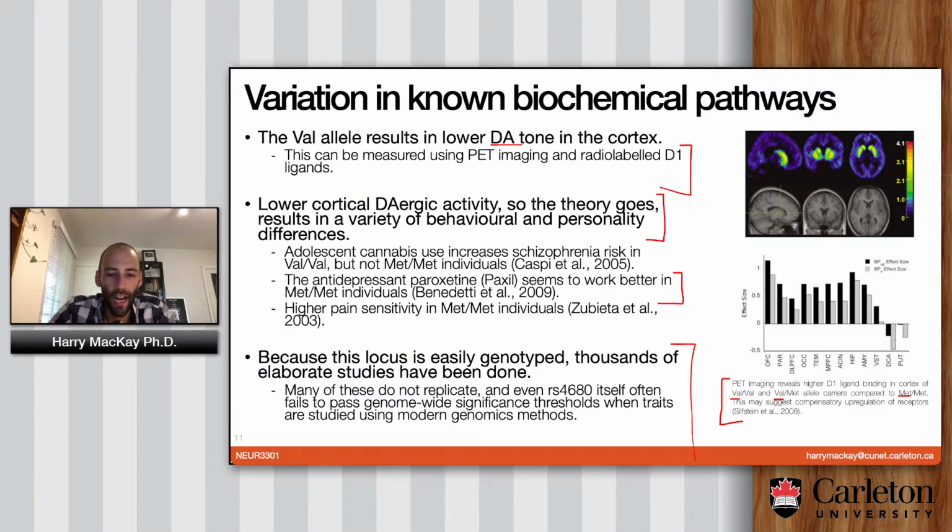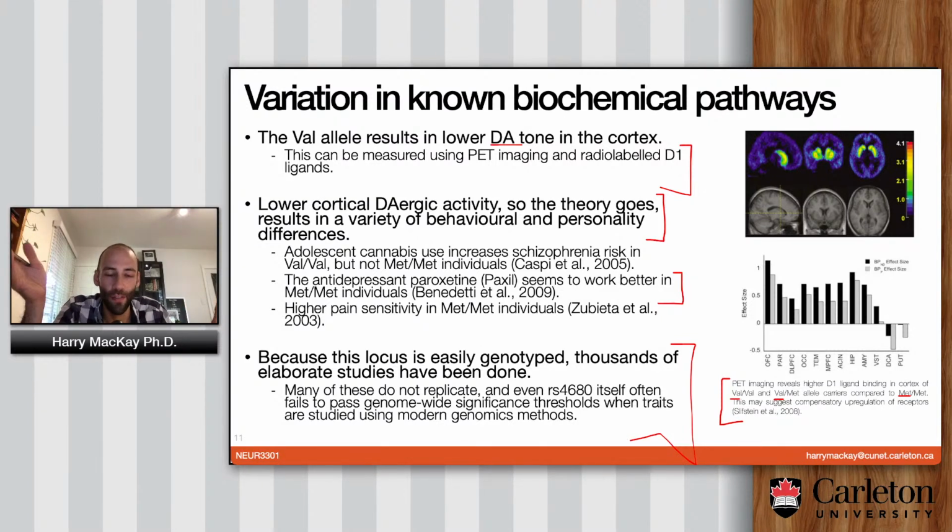Now, on a practical note, it is very easy to do these kinds of studies because you just have to genotype one locus. This is a SNP that happens in one place. To genotype it, you just need a PCR assay or something like that, which can be run very simply. You can study hundreds of people and do very elaborate psychological experiments with them that wouldn't be possible using the normal genome-wide study format, because genome-wide studies take tens of thousands of people as subjects.